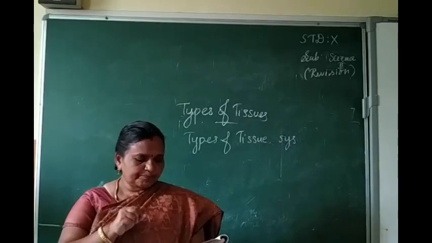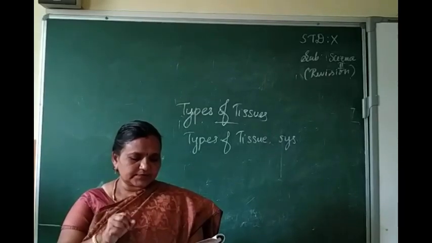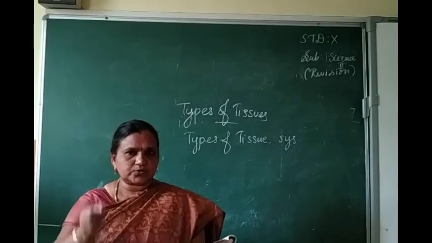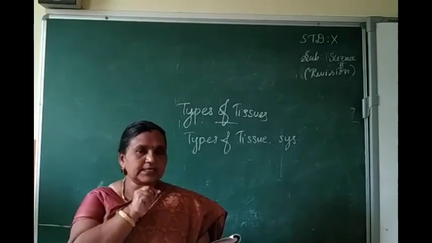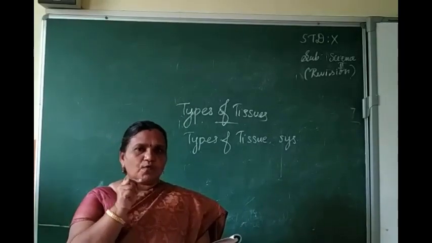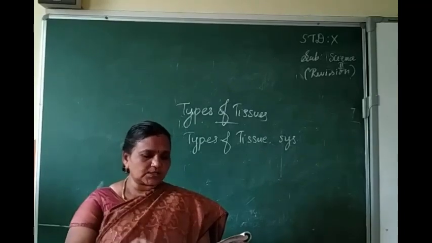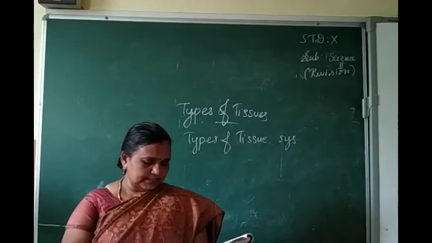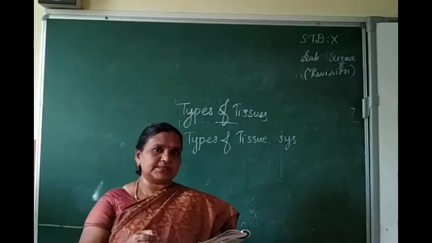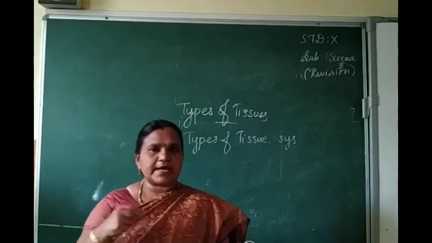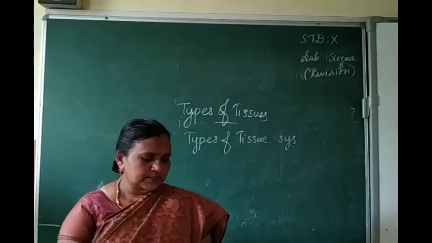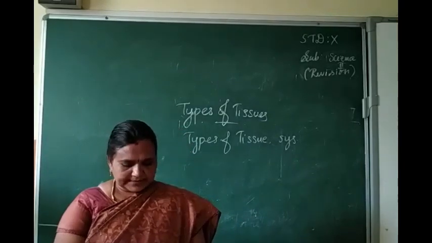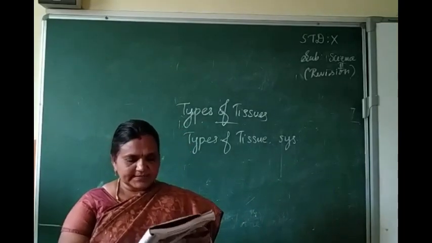Starch sheath is the barrel-shaped cells which contain starch grains. So you have to mention the shape of the cell and what it contains. Only starch grains will be present. Because of the presence of these starch grains, these barrel-shaped cells are called the starch sheath.